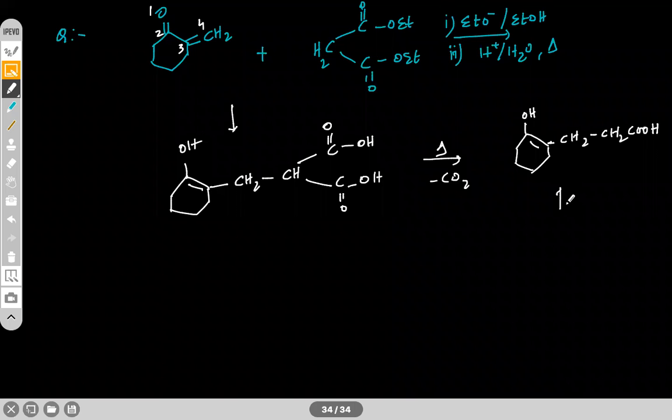After this, we can write down the enol form, keto form of it. Double bond O, double bond CH. Double bond O, then CH2, CH2, COH.